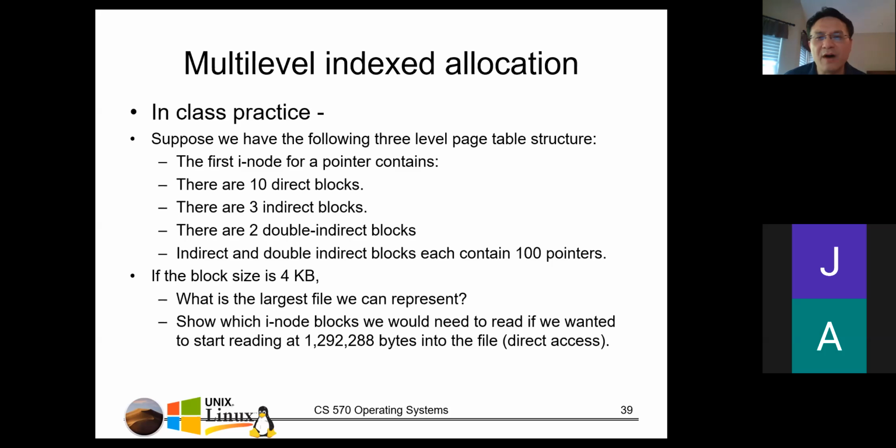But for the largest file, what Alexei just described is more or less still accurate, because you have 10 direct blocks, and then 3 indirect blocks of 100 each, and 2 double indirect blocks, each of 100 squared.